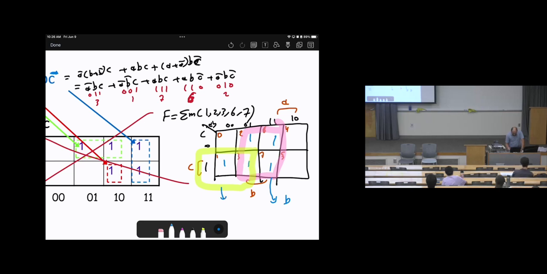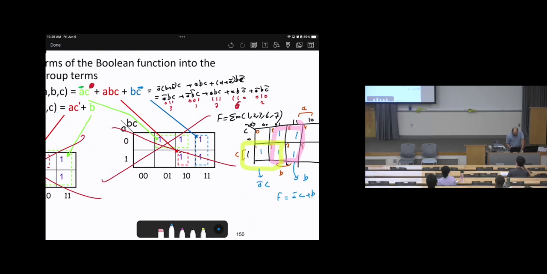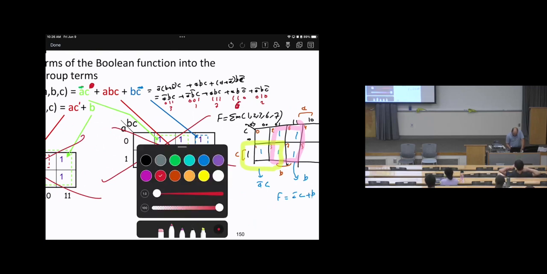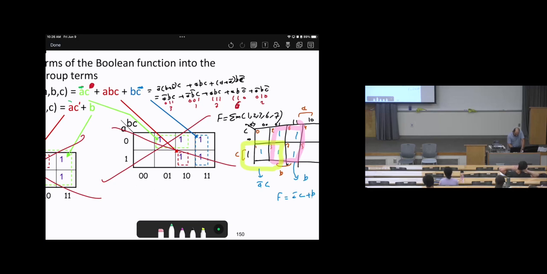Here it includes 2 variables, which is located at, one of them should be c, the other one, since here b bar, then should be a bar. Therefore, f will be a bar c plus b. So here, according to the answer, because here I did a change, a modification, here the bar should be here.